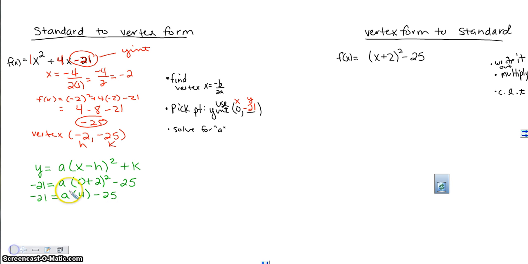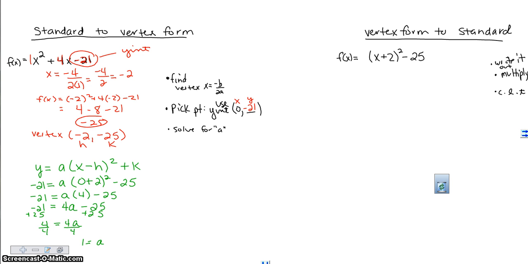Make sure you use order of operations. So you multiply before you do any adding or subtracting. So we have 4a minus 25. I'm going to add 25 to both sides of my equation. Divide both sides by 4. So a is 1.